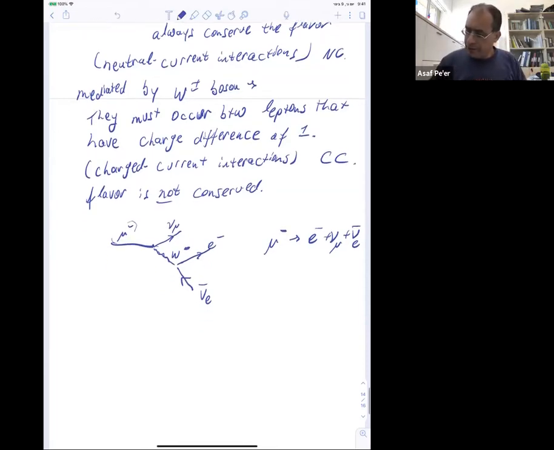So I just want to mention that different interactions have obviously different coupling constants. We started with the coupling constant for the electromagnetic interaction. We simply call it alpha, so it's 1/137.